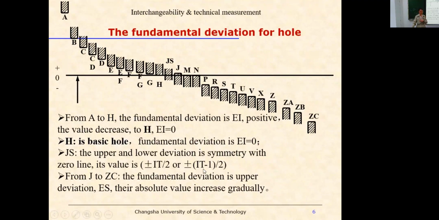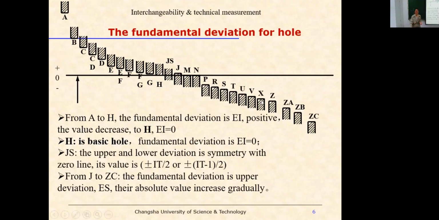We can explain later. So it means that if I give you JS7, its upper and lower deviations are symmetric with the 0 line. Okay, so from J to ZC, the fundamental deviation is the upper deviation.